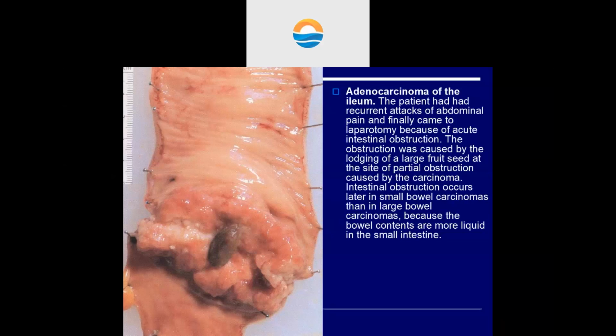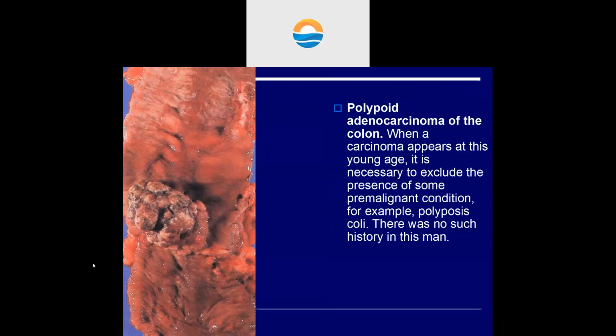in the small intestine. Here you see the polypoid adenocarcinoma of the colon. When a carcinoma appears at this young age, it is necessary to exclude the presence of some pre-malignant conditions.